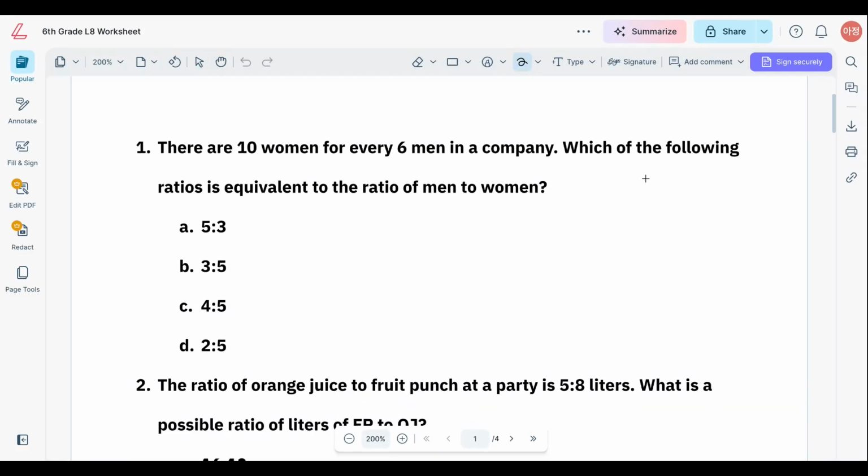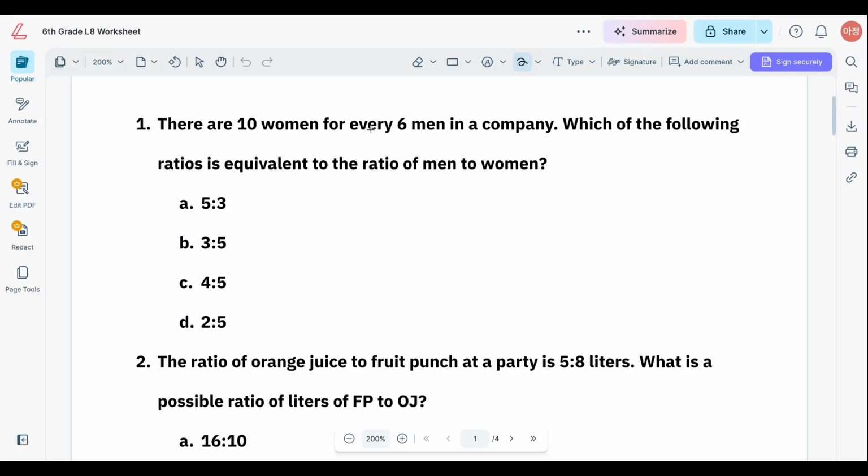Okay. So number 1, there are 10 women for every 6 men in a company. Which of the following ratios is equivalent to the ratio of men to women? So 10 women for every 6 men, and the ratio is men to women. So 6 to 10.